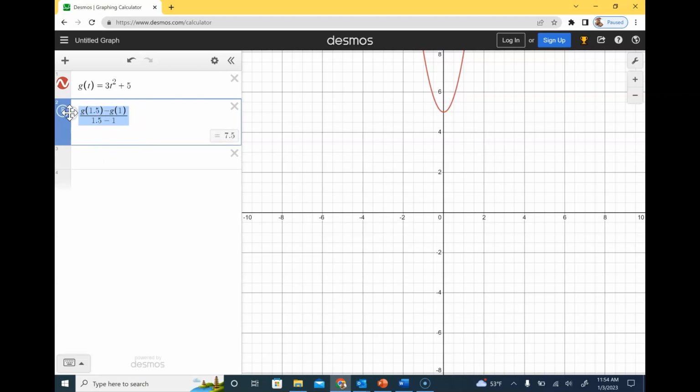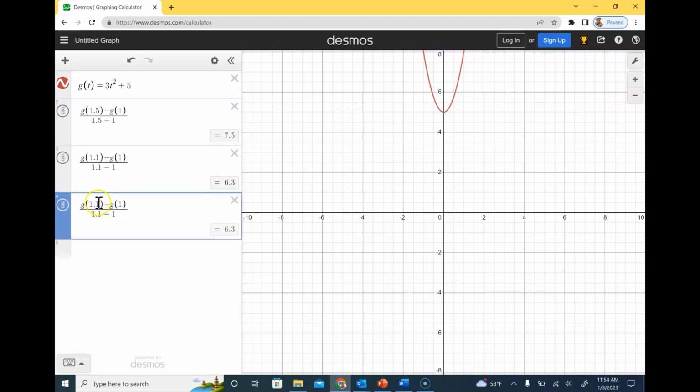Then I can do the exact same thing for my next interval, which is 1.1. And then I'll just do all of them: my next interval, which is 1.01 to 1, and then my last interval from 1 to 1.001.